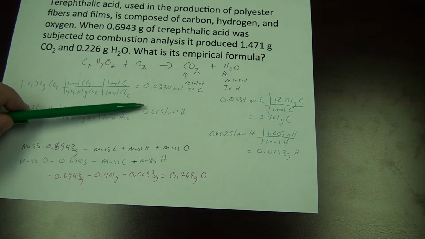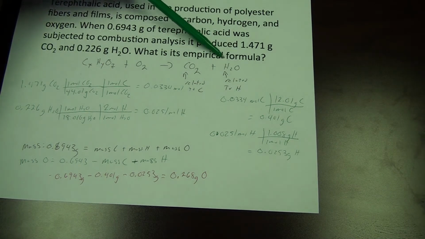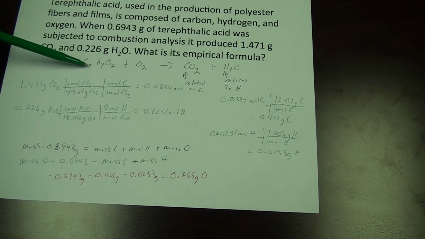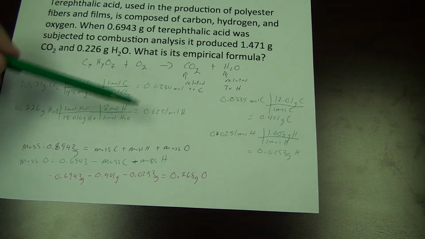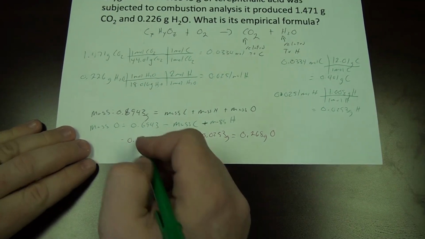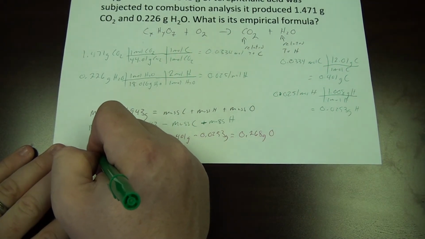We then have to do this same process because, remember, we're looking for the empirical formula. So the empirical formula is going to be related to the smallest whole number ratio of moles. So we have to take this mass and convert it to moles.